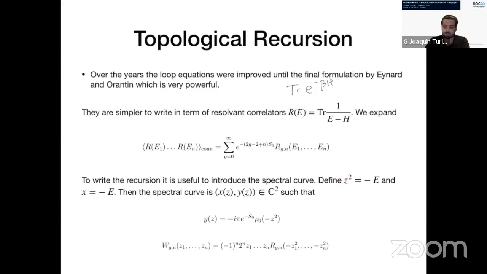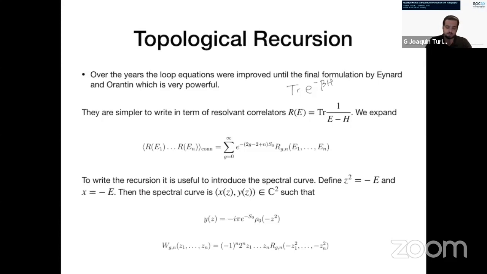You define this coordinate C, because usually the density of states has a branch cut where the density of states is non-zero. If you remember, it was square root E, for example. So it's useful to define this coordinate C, and then you define the spectral curve as x of C being this formula, and y of C being proportional to the disk density of states.